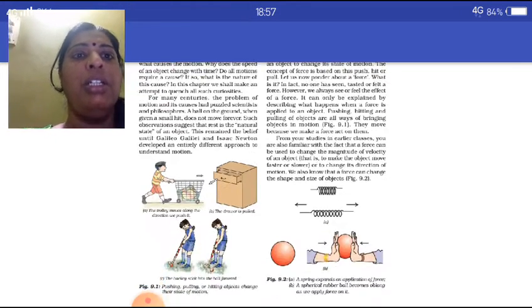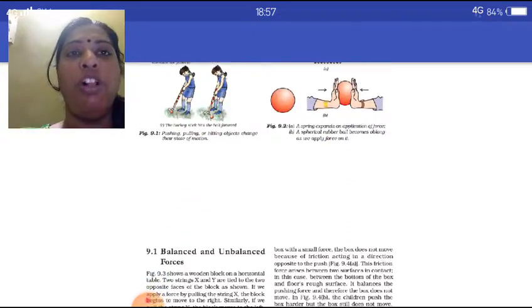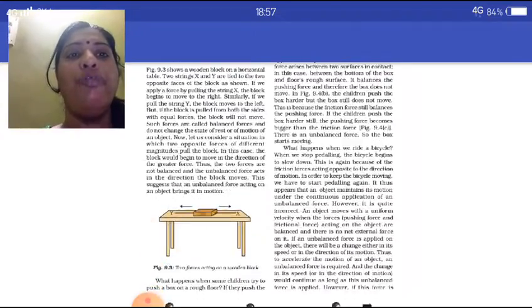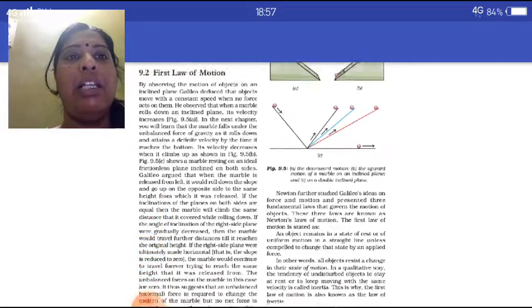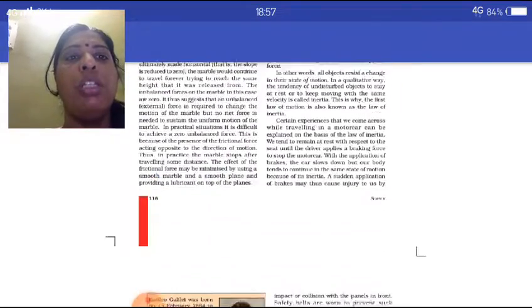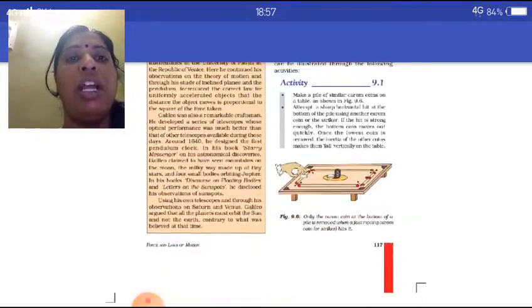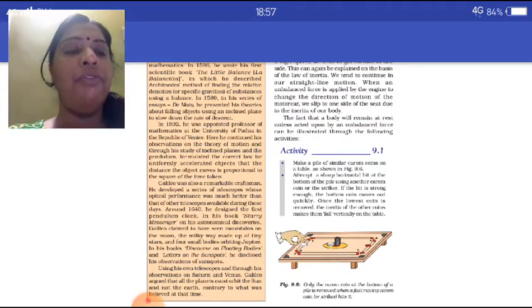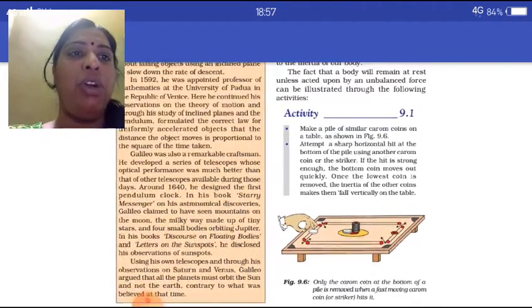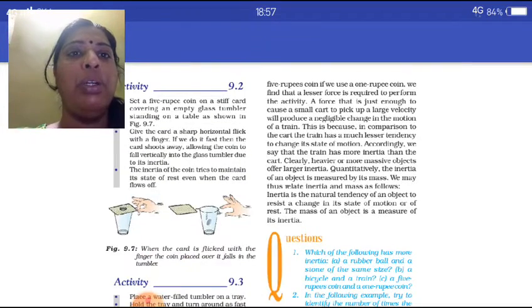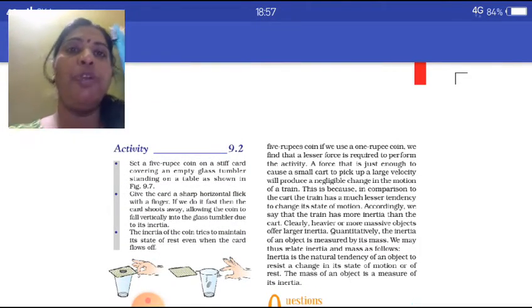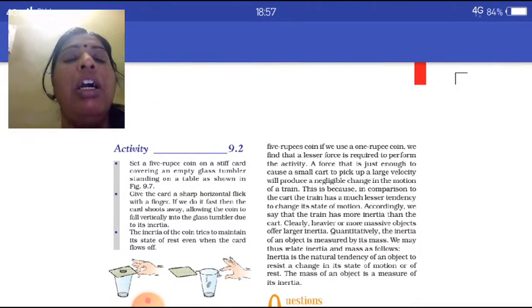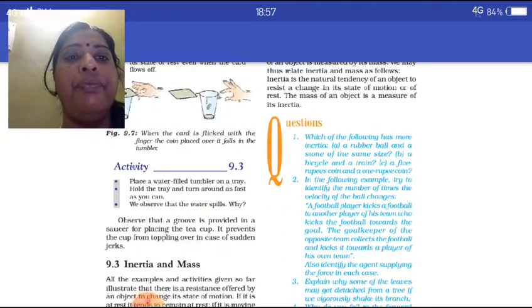Okay students, in this chapter we have already learned the first law of motion, balanced and unbalanced forces, then inertia and mass. Then we performed an activity with a carom board, and another activity with a 5 rupee coin.